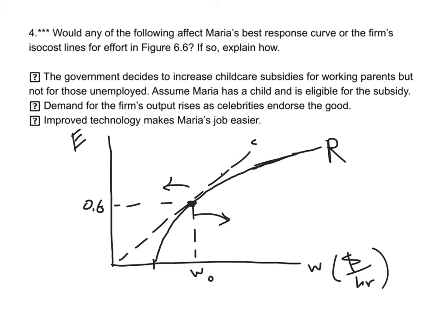It's quite akin to the increase in employment rent we studied in the previous problem. So what's going to happen is that this change would shift Maria's best response function to the left. She's willing to put out more effort at any given wage rate, and so that's the way this is going to change it. And of course, we would then see some new tangency.